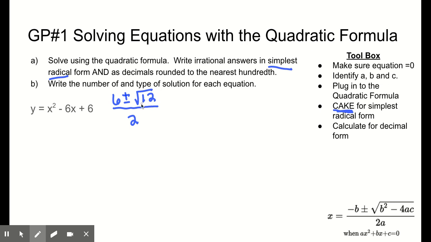So first we simplify the radical. We factor 12, and we get 2 and 6, 2 and 3, and 3 and 1. So we're going to replace the square root of 12 with 2 radical 3. So we now have 6 plus or minus 2 radical 3 divided by 2.